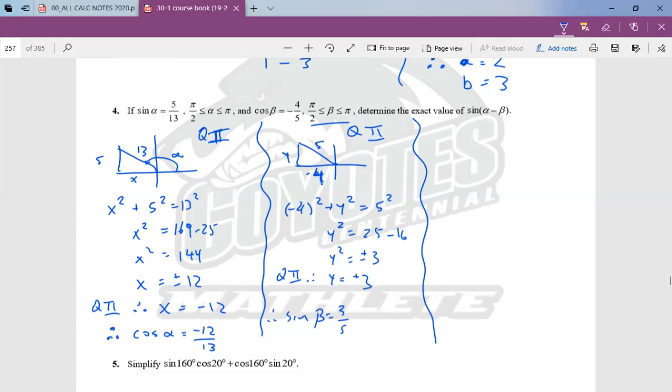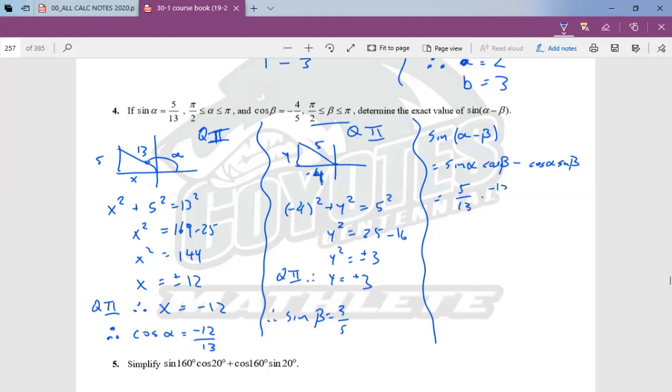To determine the exact value of sine of alpha minus beta, our formula says sine of alpha minus beta is equal to sine alpha cos beta minus cos alpha sine beta. And now we know all four of those pieces. Sine alpha is 5/13.